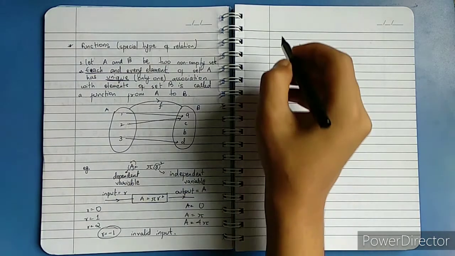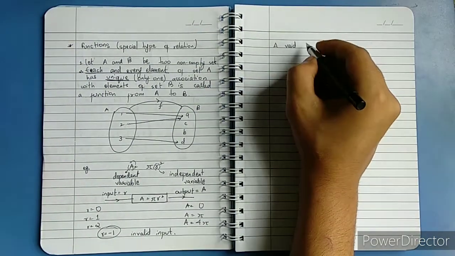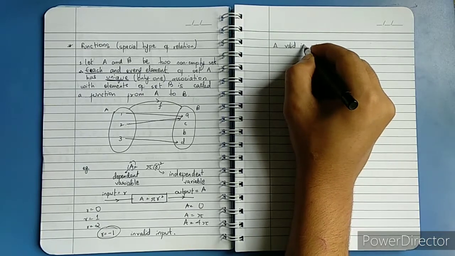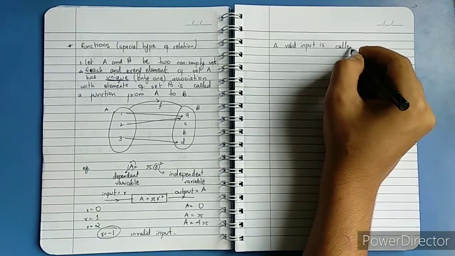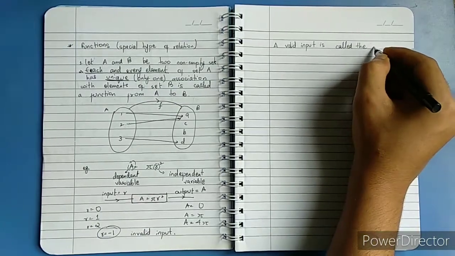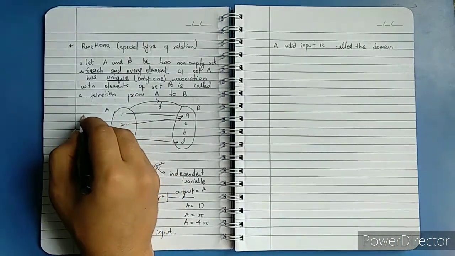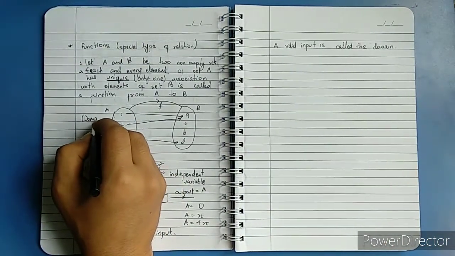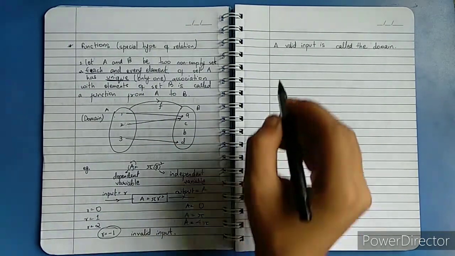Okay. So a valid input is called the domain, or basically this set A is the set of domain because each and every element of this is associated. All of these elements are valid inputs in this case.